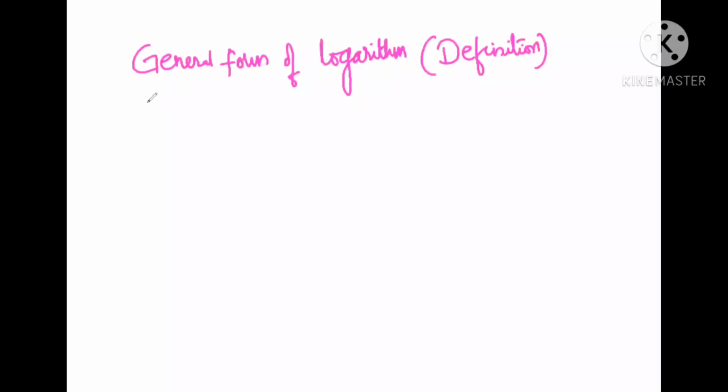Logarithm: if a to the power of x is equal to n, then logarithm of n base a is equal to x.